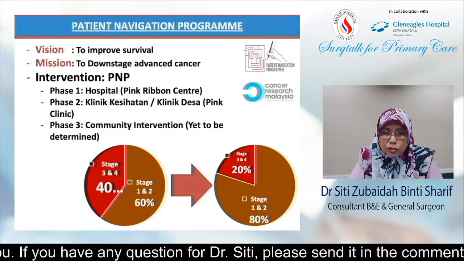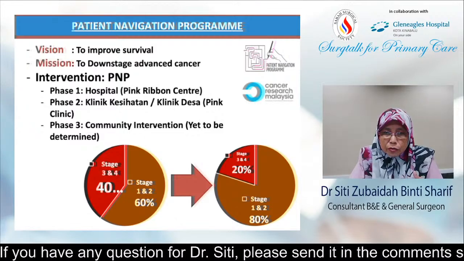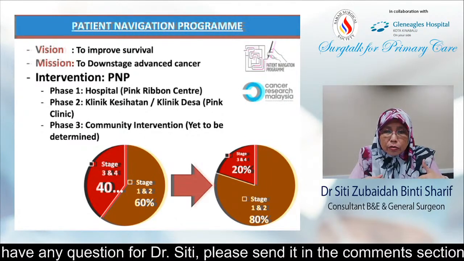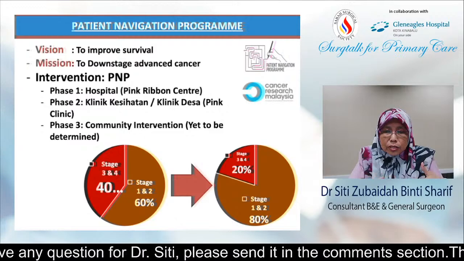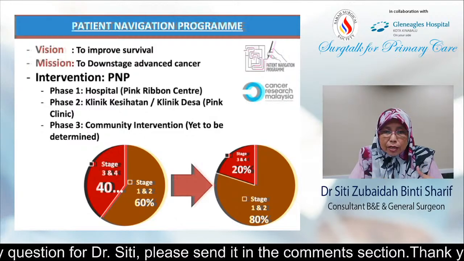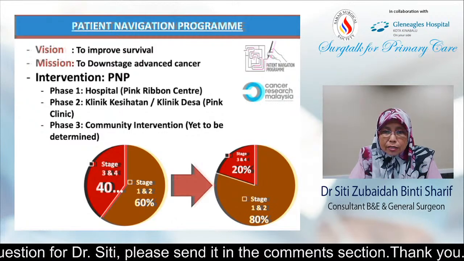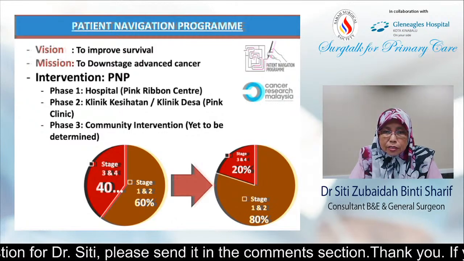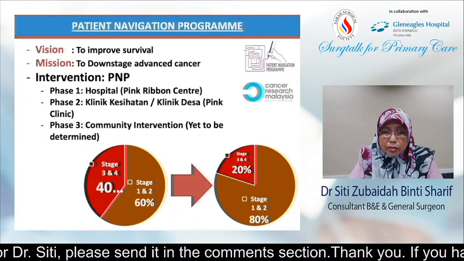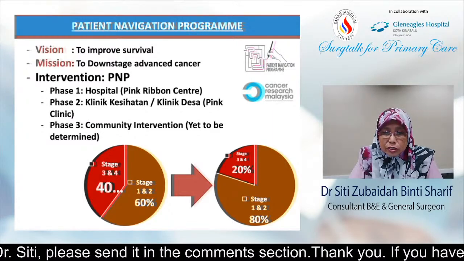There are 3 phases of the patient navigation program. Phase 1 is at the hospital level, where we set up the Pink Ribbon Center, phase 2 is at the klinik kesihatan, the primary care level, and the third phase is community intervention.